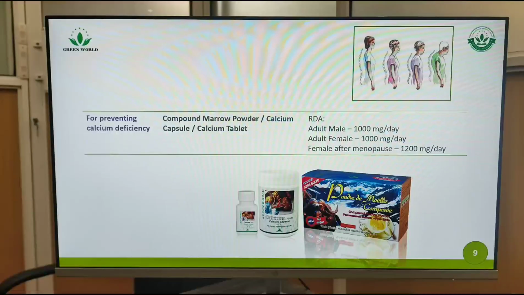Now, women after menopause, that is 50 years and above or 45 years and above, need 1200 milligram per day. So the products I'm going to talk about are good for your grandmother and also your grandfather. Make sure they take them regularly, on a daily basis, so that their bone system can be okay.